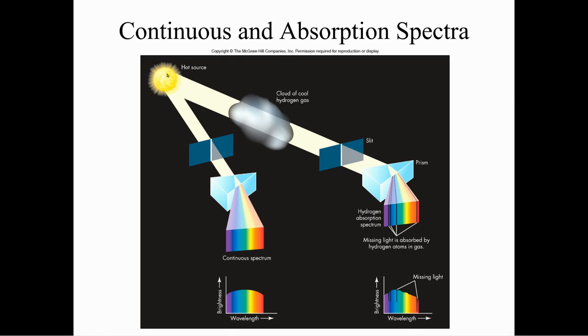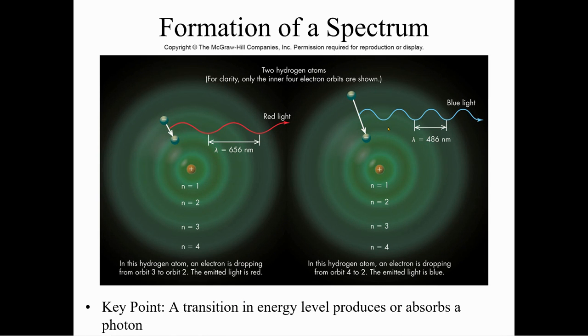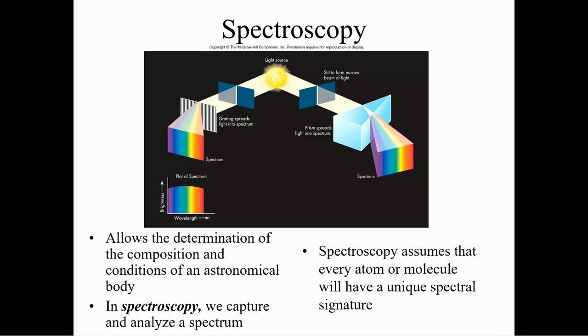If there is a cloud of hydrogen gas between us and that hot source, when we see the spectrum, these absorption lines appear. Remember, the hydrogen is going to absorb.